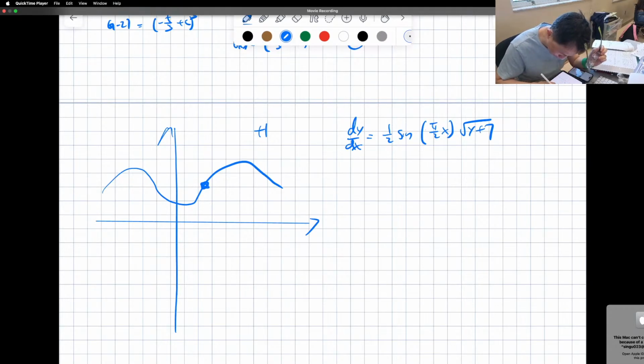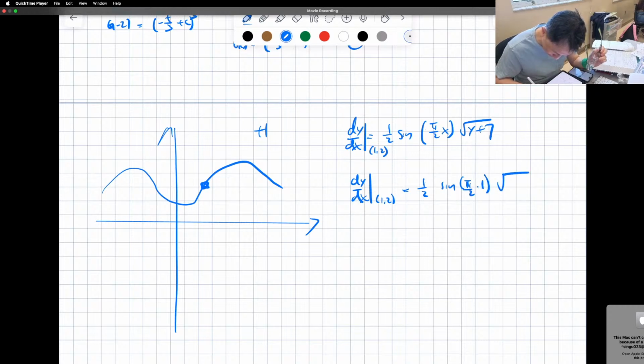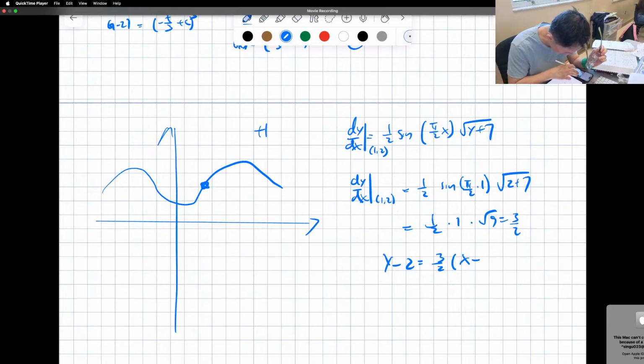And you say when you want to find out the slope at (1, 2). So dy/dx at (1, 2) is equal to 1/2 sine of (1 pi over 2) times 1 times 2 plus 7, so it's equal to 1/2 times 1 times the square root of 9, which is 3 over 2. So y minus 2 equal to 3 over 2 times x minus 1.